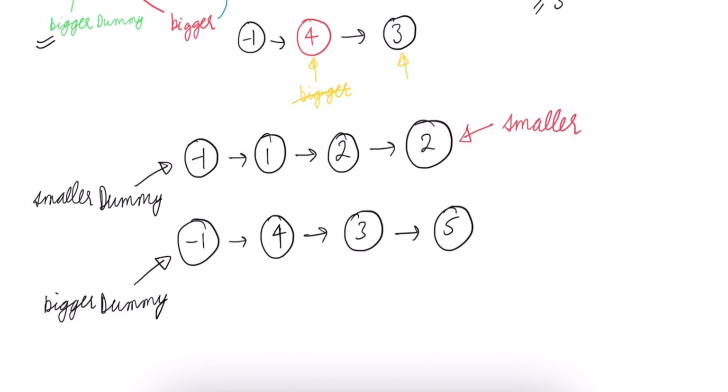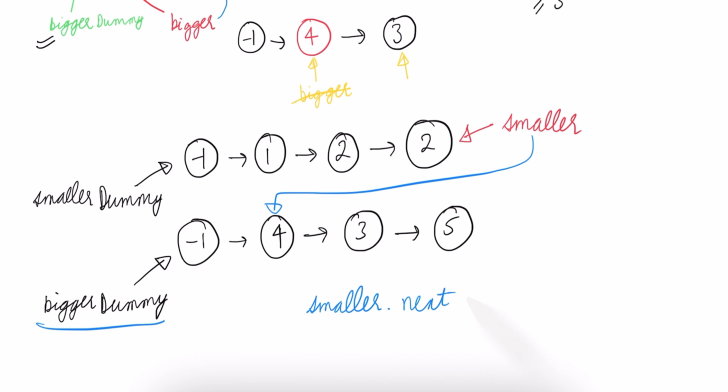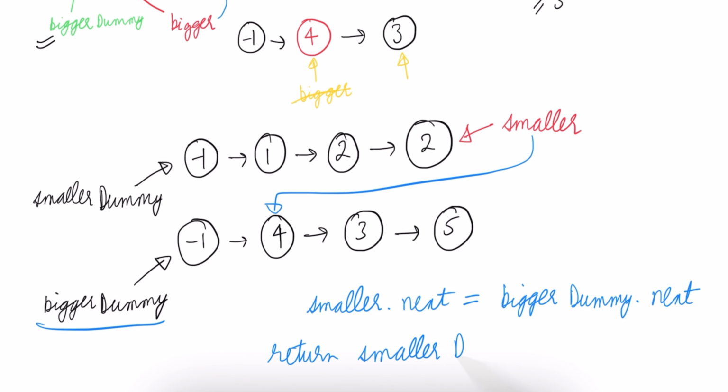So I'll have to set smaller dot next equal to bigger dummy dot next. After that we can simply return smaller dummy dot next, and it would return our partitioned linked list.